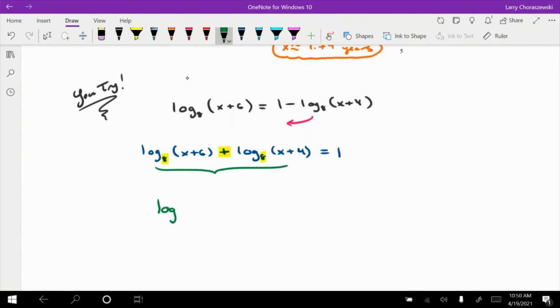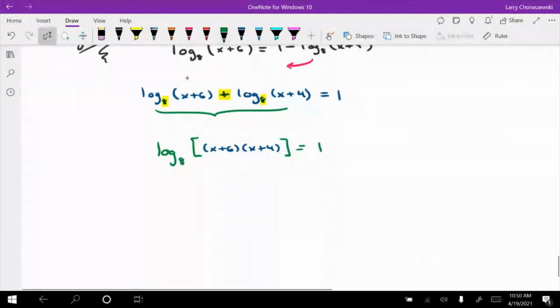Make sure that you keep the base 8, by the way. And then inside the argument, we should have multiplication between x plus 6 and x plus 4. Foiling that out, we're going to get x squared plus 10x plus 24 in the argument equaling 1.